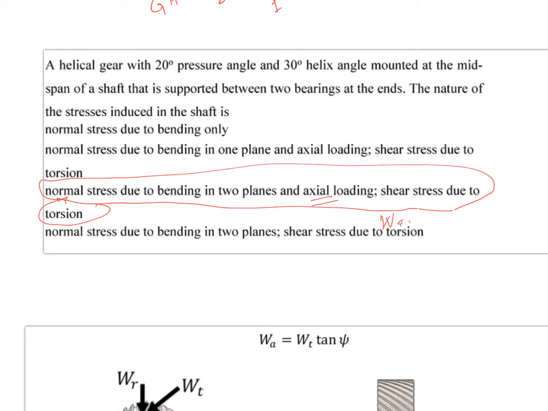We have a 30-degree helix angle in this problem. And shear stress due to torsion. So this is the correct option. Let me highlight it. So this is the right answer: normal stress due to bending in two planes and axial loading, and then shear stress due to torsion.